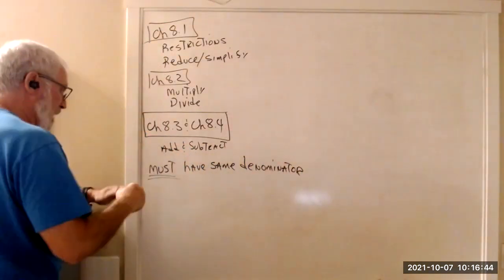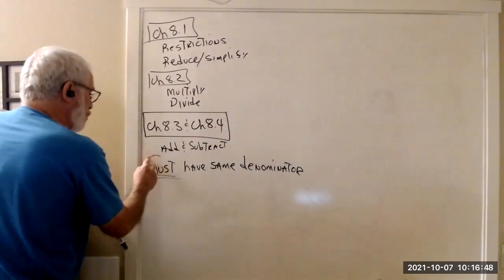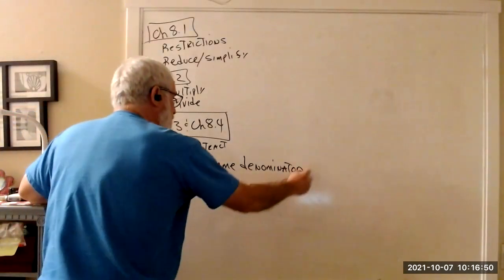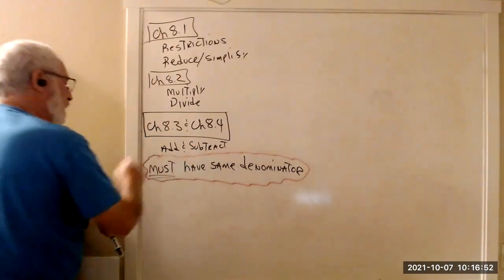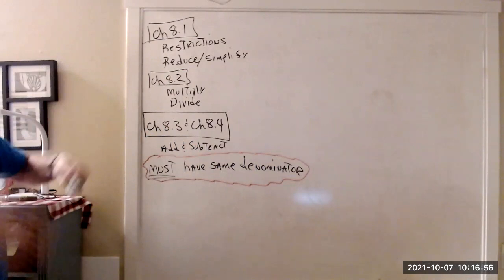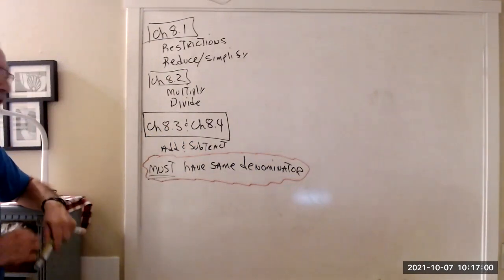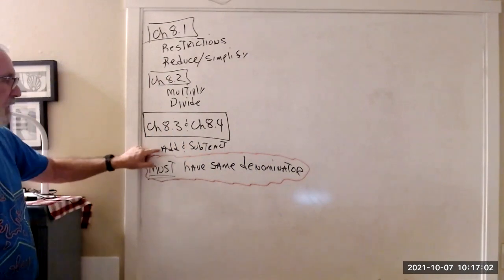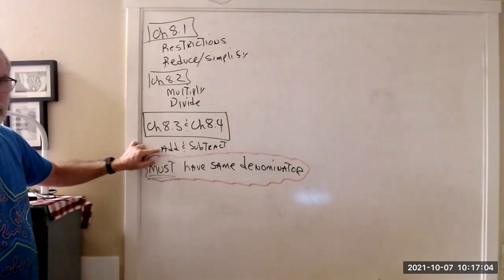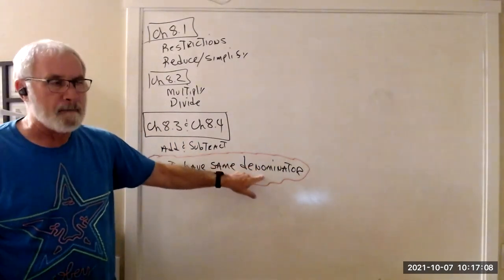Okay, I just can't stress that. That is just a fundamental truth at all levels of math. When you get to a higher level of math, do we have another trick that we show you where we violate this rule? No, this rule is fundamental. If you want to add and subtract fractions, they must have the same denominator.